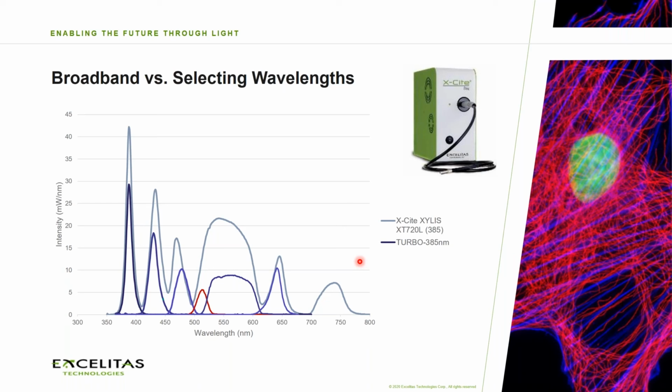The other option is to have a switchable wavelength system, which you can see over here, that can go all the way up to the 700 and sometimes even beyond. So if you want higher, faster throughput, you turn on your violet and image in blue, turn it off, turn on blue, image in green, turn it off, turn on green, turn it off, turn on red, turn it off, and then switch to another cell or another well in your well plate or a different slide.